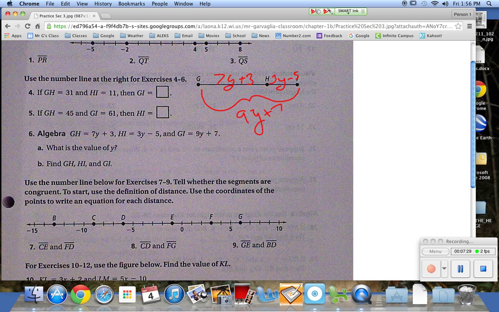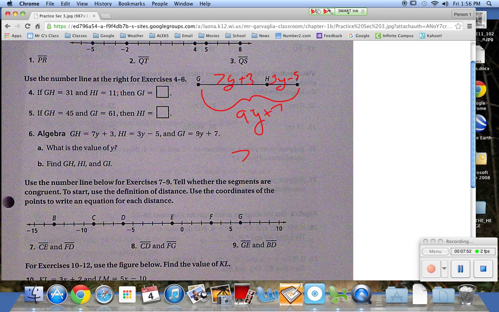How can I figure out what y is? What did we do on this one here? We added them together, right, to come up with the answer? Well, we know the answer is 9y plus 7. We know if we add this one to this one, we come up with that, right? So what would we do?